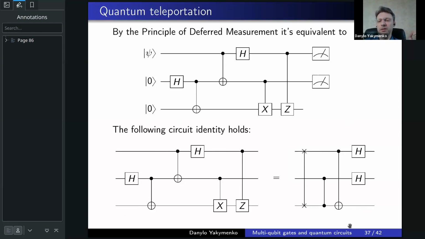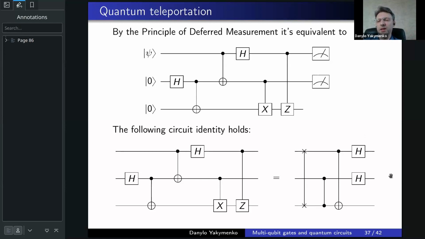They are the same matrices, and that's simply it. So there are other decompositions. There are many different ways to represent a unitary gate as a sequence of gates on qubits.